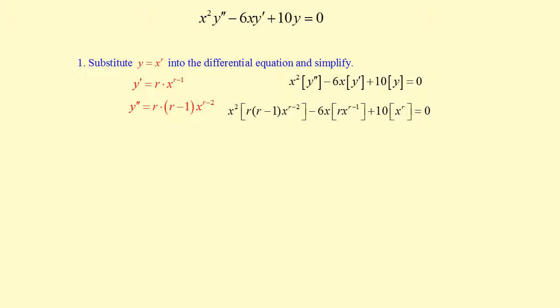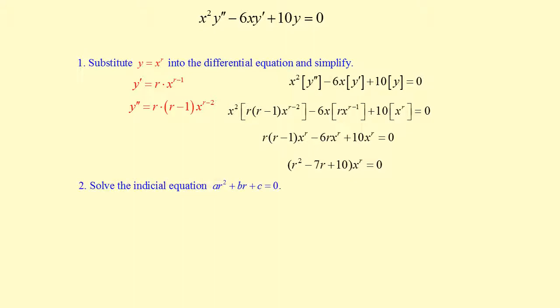We perform the algebra to simplify that. You'll notice that all three terms on the left come out with an x to the r, which we can factor out and end up with the quadratic r squared minus 7r plus 10 times x to the r. One of these has to be equal to 0, so we're going to take the r squared minus 7r plus 10, which is referred to as the indicial equation, and solve it.